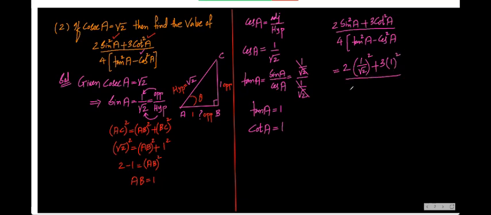Divided by 4 times the bracket, tan square is again 1 square, minus cos square, which is 1 by root 2 whole square.